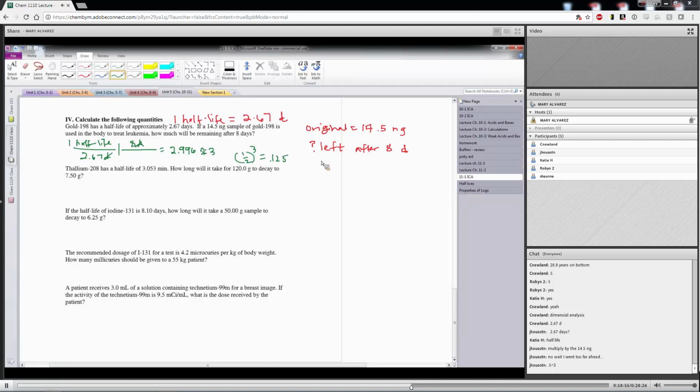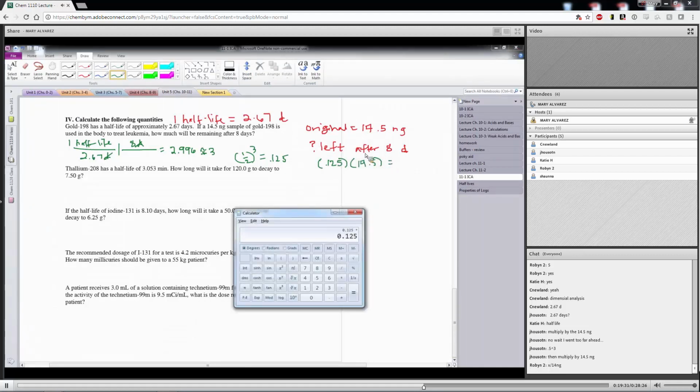And then what do we do? And then multiply by the 14 nanograms. Excellent. So the fraction that remains multiplied by 14.5 nanograms equals 1.81 nanograms remains.